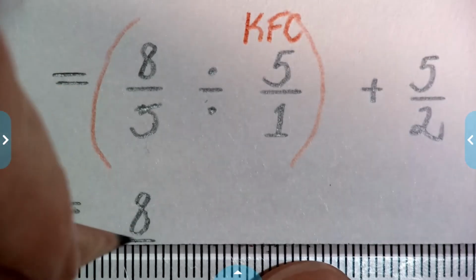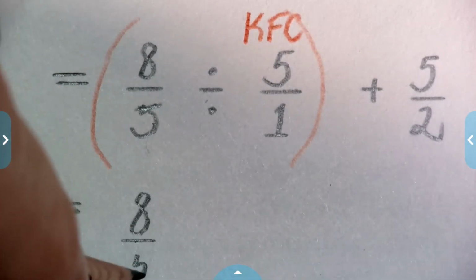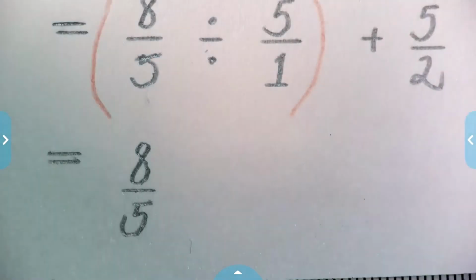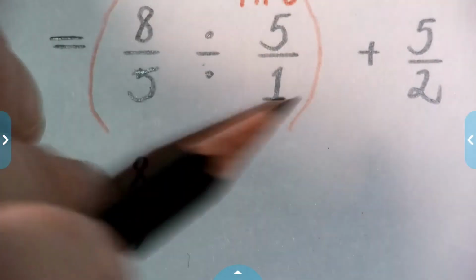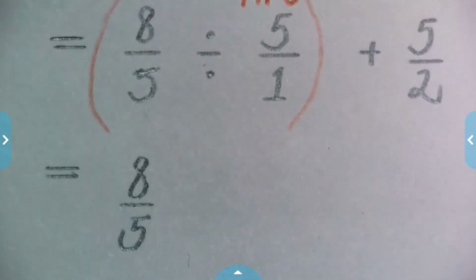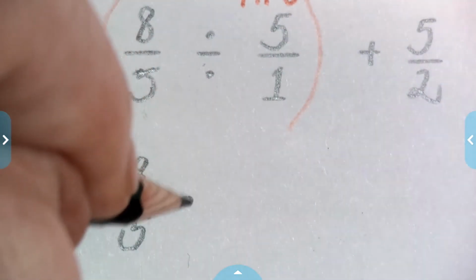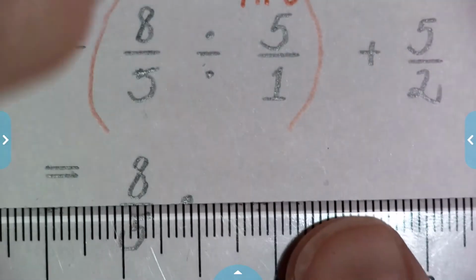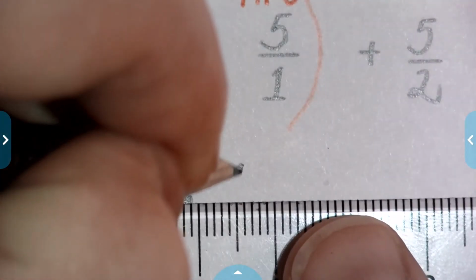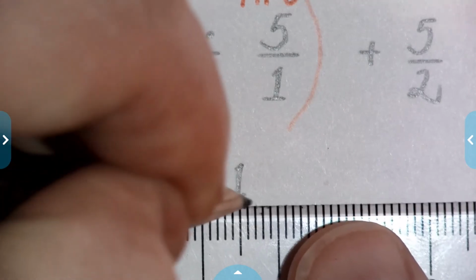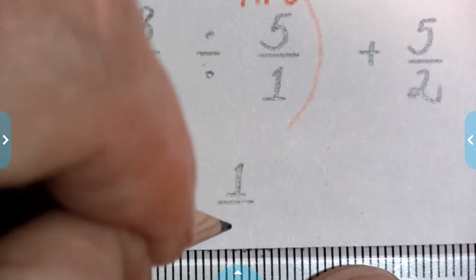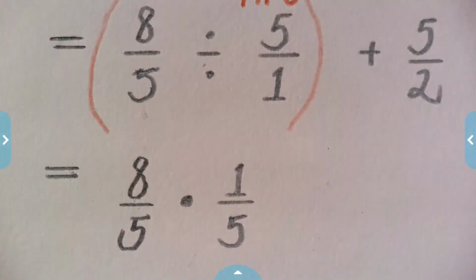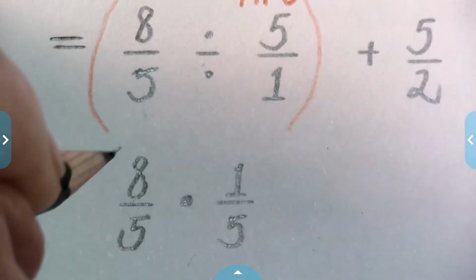So we got 8/5. So keep the first fraction, flip the second fraction, change the sign. Change the sign from division to multiplication, and flip that second fraction to 1/5, aka multiply by the reciprocal. All right, remember we're still grouping here.